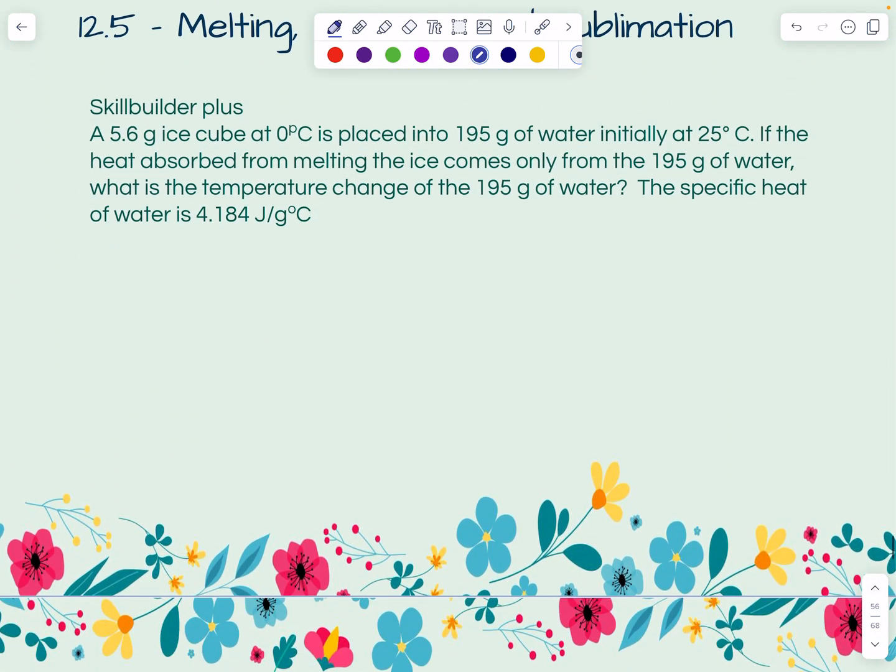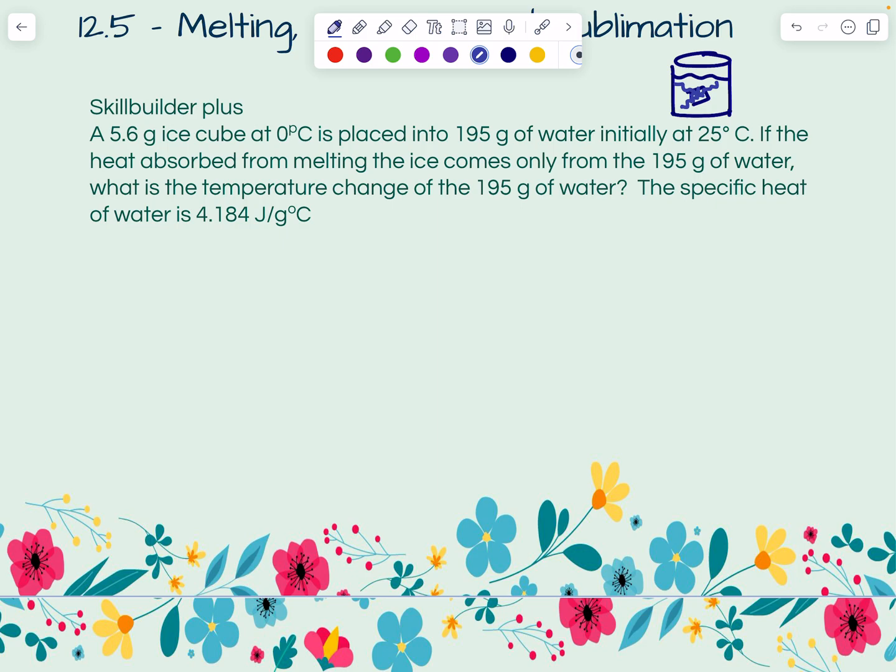And this is another one of those questions that we're going to be using the delta H to find in the formula mc delta T. So this is a 5.6 gram cube of ice is placed in 195 grams of water. So think about, here's my water, here's the ice cube that I put in it. If the heat absorbed from melting the ice comes only from the water, right? In order for this ice to melt, it's going to have to absorb energy from the liquid water.